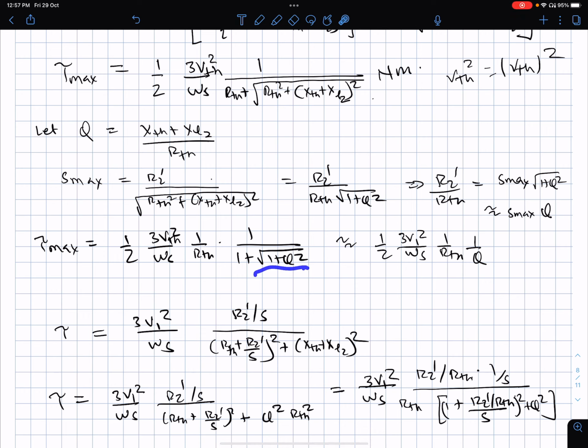Now 1 plus Q square can be approximated by Q square, taking under root it becomes Q, and then 1 plus Q can again be approximated by just Q. So therefore the T max can be approximated by half of 3V1 square by omega s, 1 by R Thevenin into 1 by Q. So calculate the Q factor, calculate the R Thevenin, and here you get the T max square.